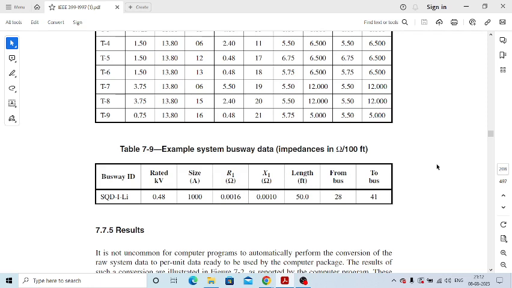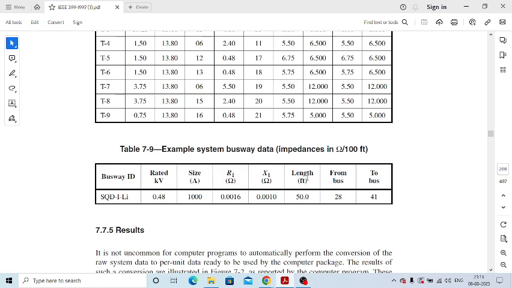If we compare one to one with respect to cable and bus duct, the impedance offered by the bus duct is very low compared to the cable. For bus duct we have different requirements and construction, and for cable we have different requirements and construction.